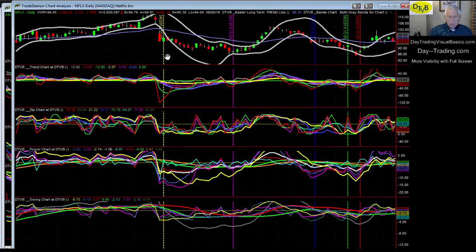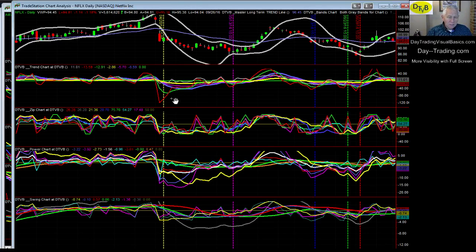This is a classic example, and this is Netflix. Not that that makes any difference. They all work the same, but it's crazy how some people think you have to be in a good stock, or what some would interpret as a good stock, to make things work, and they work in any chart.